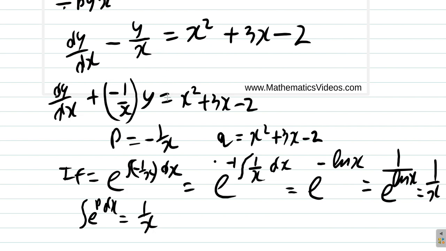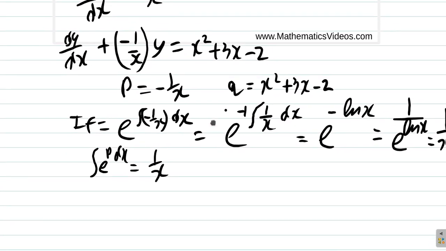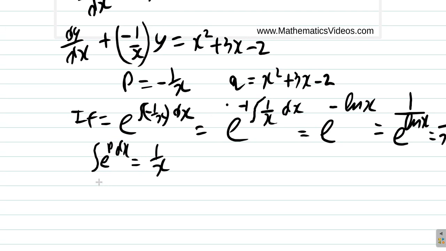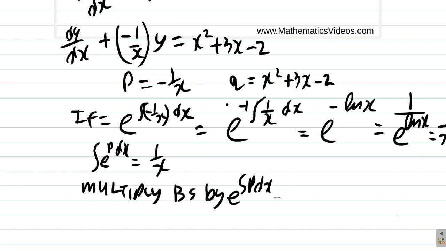So let's multiply both sides by it. Alright? So here, we multiply both sides by e to the integral of p dx, which is the same as, in our case, 1 over x.